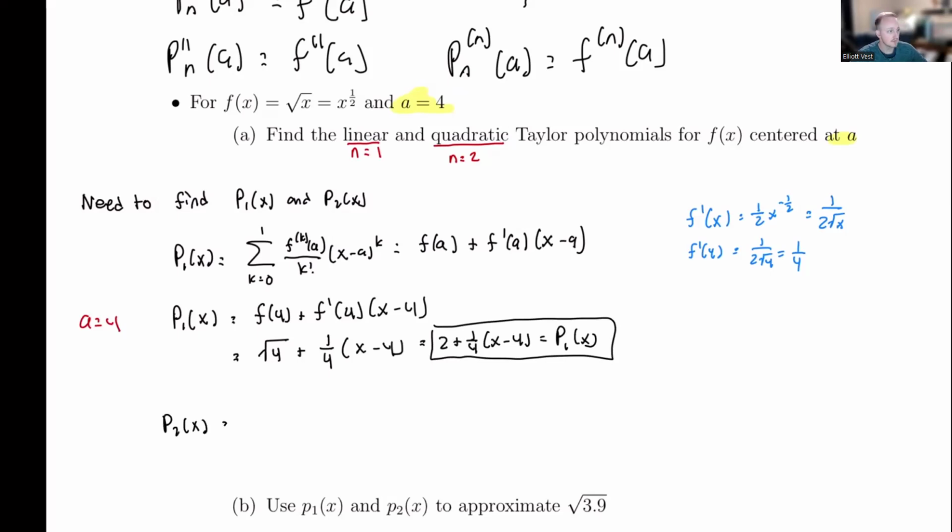P2 of x is, again, following this function here, the summation from k equals 0 to 2, f kth derivative of a over k factorial x minus a to the k, which is equal to the first term plus the second term, which we already found in the first problem, plus the third term, f double prime of a over 2 times x minus a squared.